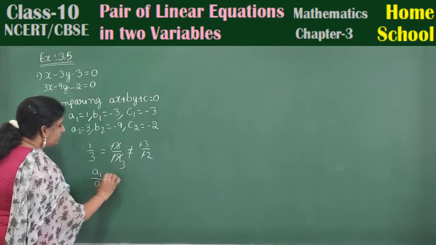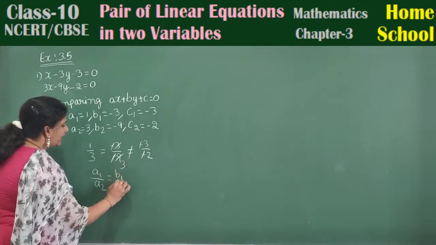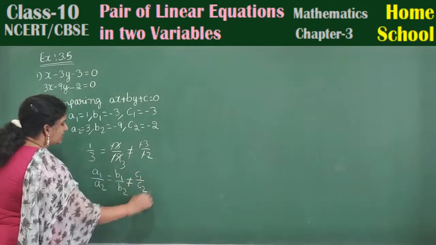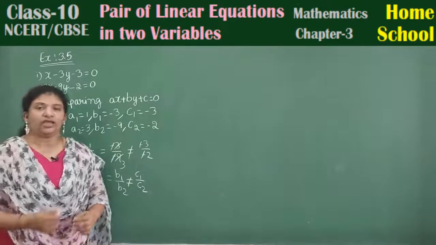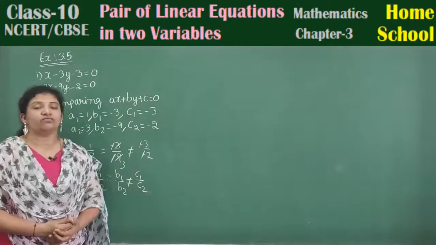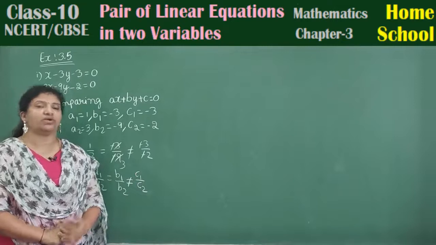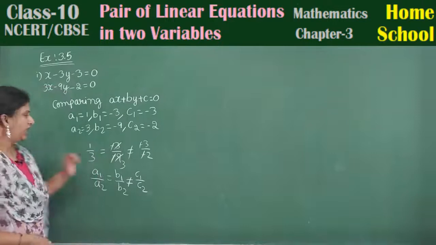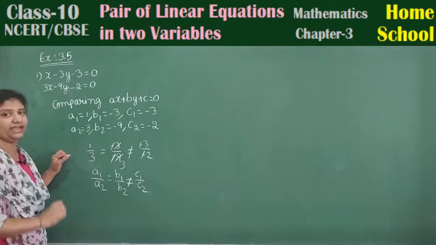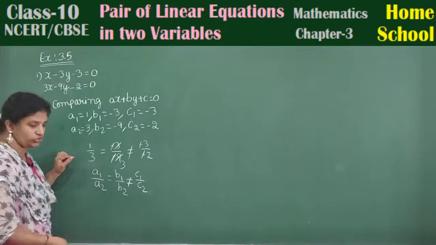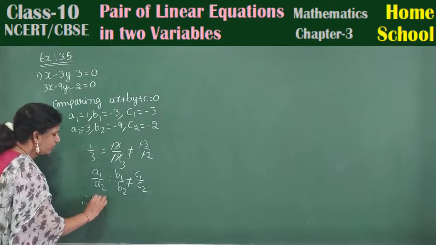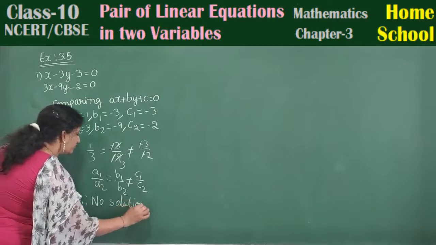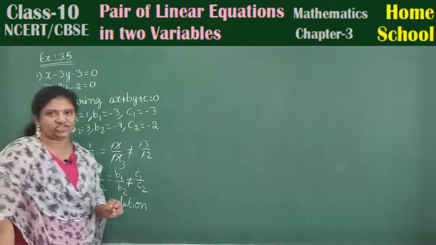Rewrite that statement: a1 by a2 is equal to b1 by b2 is not equal to c1 by c2. If we get it like this, then what can we say here? The lines are parallel. If they are parallel, they don't have any solution. Therefore, there is no solution for the pair of linear equations.